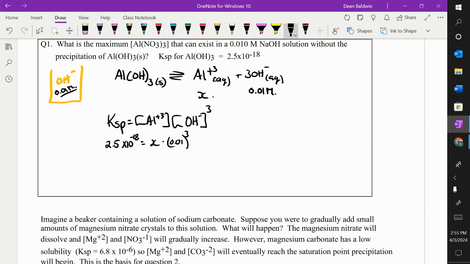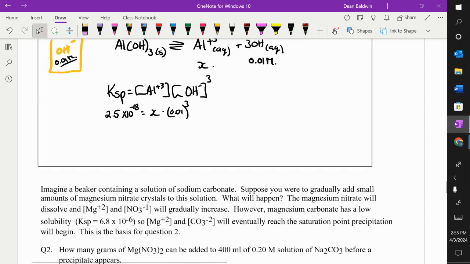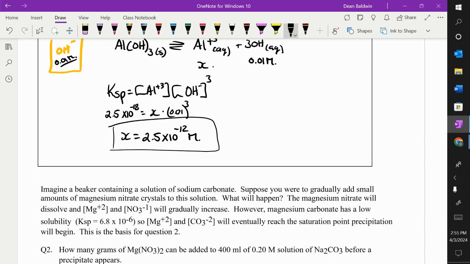There we go. And then you're going to math it. Math is now a verb. And you're going to get 2.5 times 10 to the minus 12 molar.